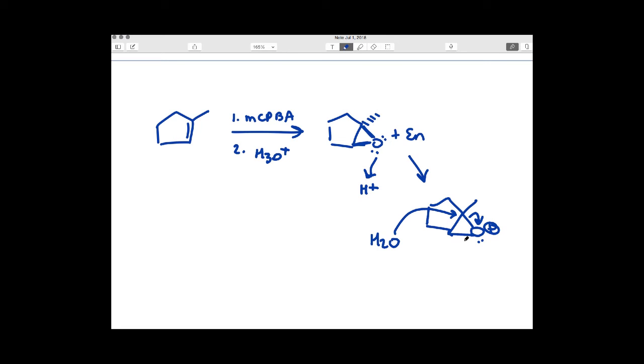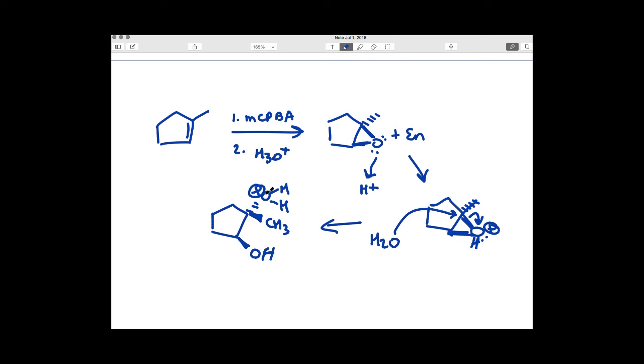So what's going to happen here is, let's keep my stereochemistry, assuming this is wedged and this is dashed. Then once that opens up, I'm going to have this be wedged opening up here. My water attacked from the opposite side of the ring, pushing my methyl group that was behind to the front.